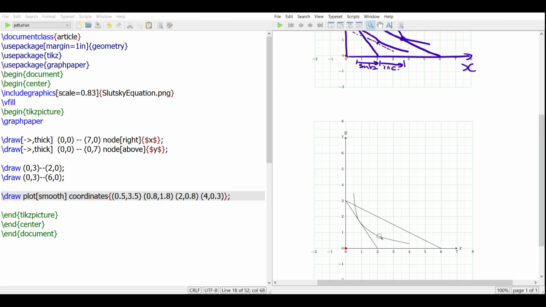The MRS is 3, and so we need to draw the slope here. Say maybe starting from 0 and maybe somewhere like, no idea, maybe 3.6, and then say 0, 1.2, I guess.